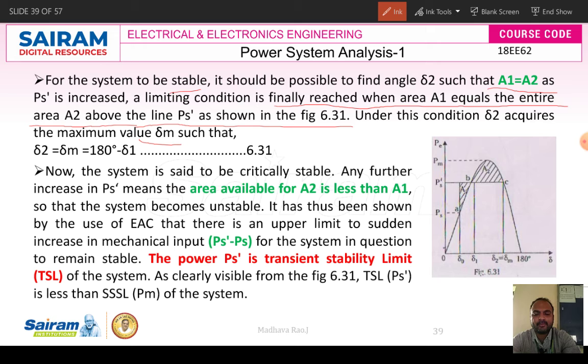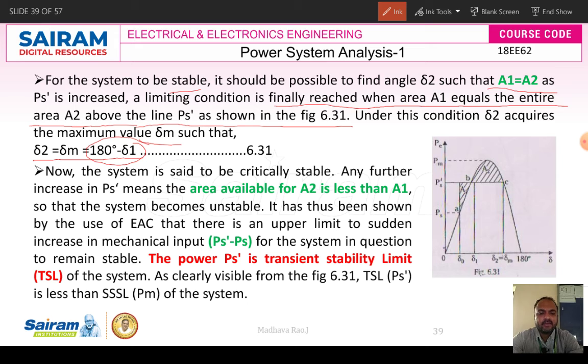Delta m equals delta 2, which is equal to 180 minus delta 1. This is the stable position.